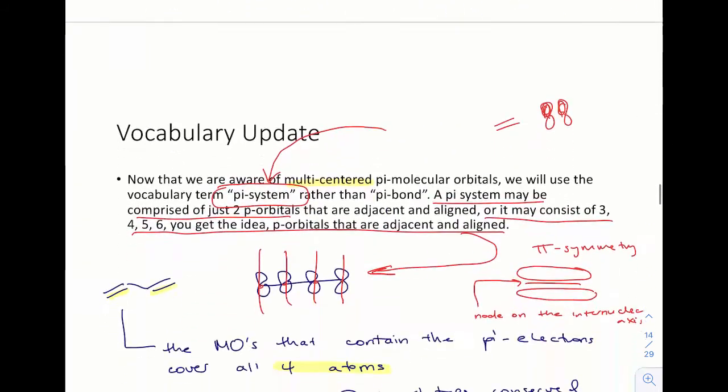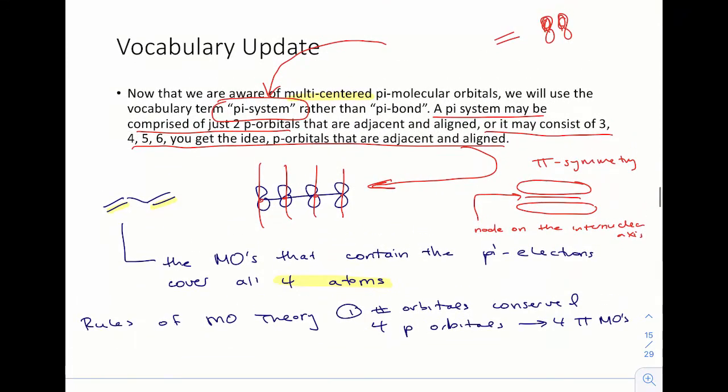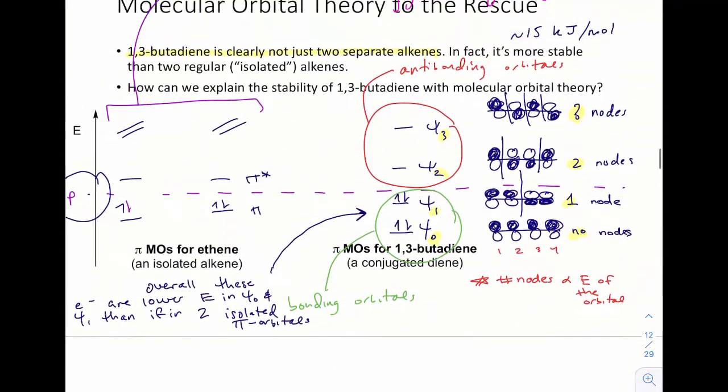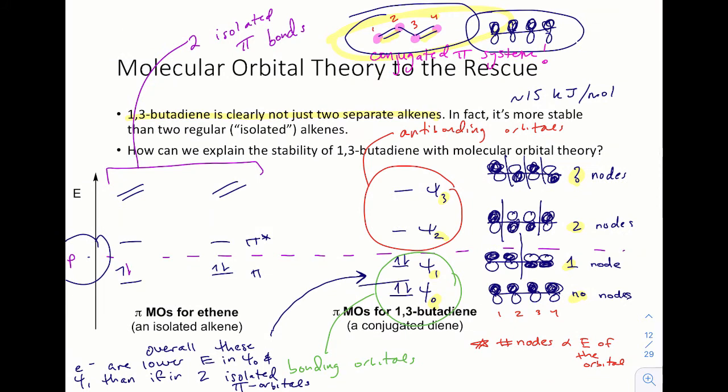Those orbitals can combine in phase or out of phase, and both possibilities occur. When orbitals combine in phase, they overlap, as we saw in psi naught. When orbitals combine out of phase, a node is formed, as we saw in all the other pi symmetry orbitals for buta-1,3-diene.